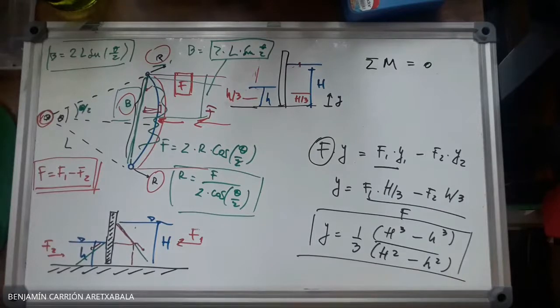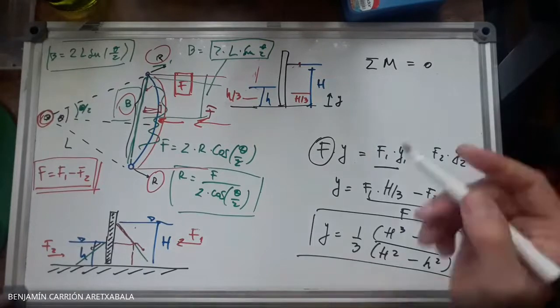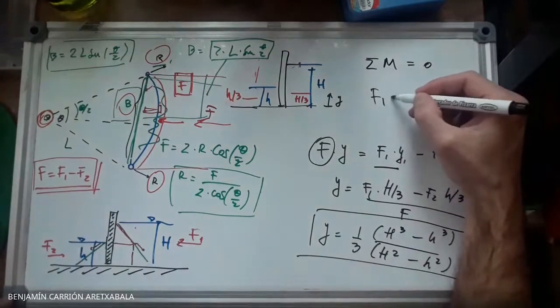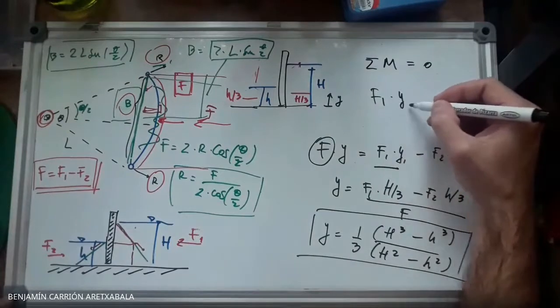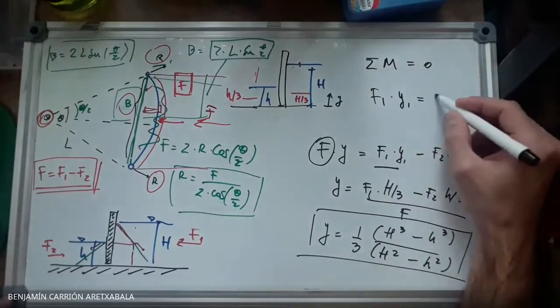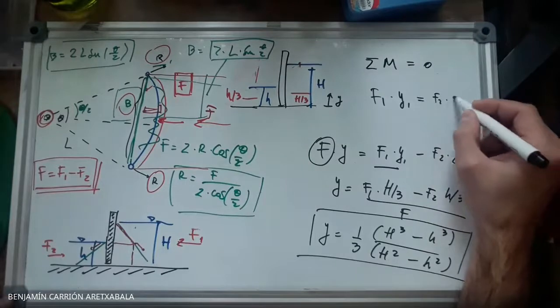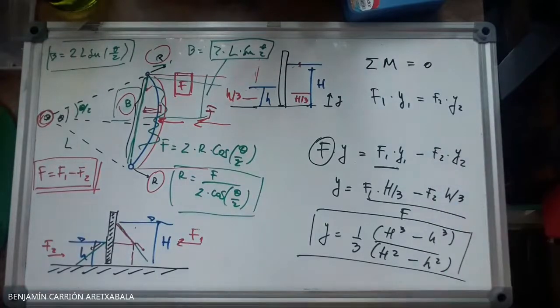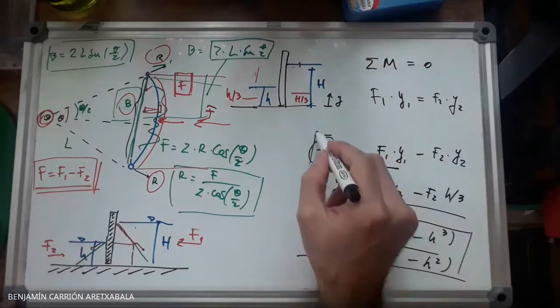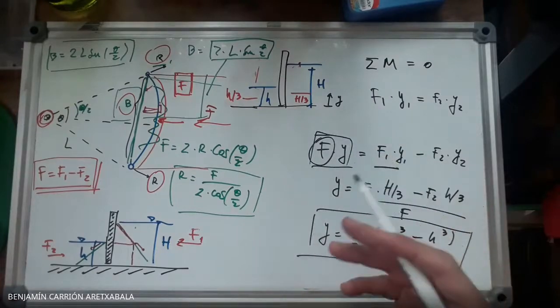So you could say, well, F1 times Y1 has to be equal to F2 times Y2. You could be tempted to do that, right? But then you're not taking into account this other force, which is the resultant force.